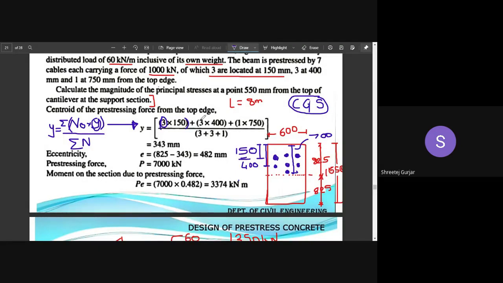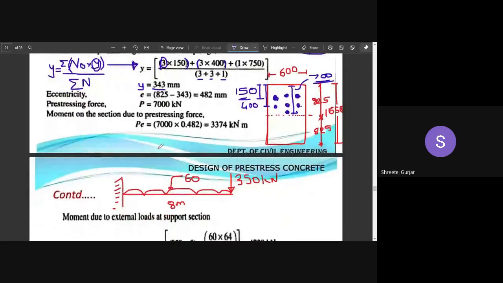Then the second set is 3 into 400, this set of cables located at a distance of 400 from the top. Plus this single wire at a distance of 750 from the top, so 1 into 750, divided by the total number, 3 plus 3 plus 1. You will get the CG of steel as 343 mm from the top.